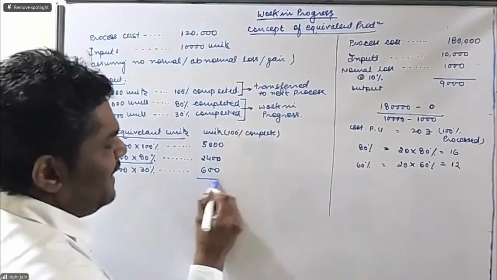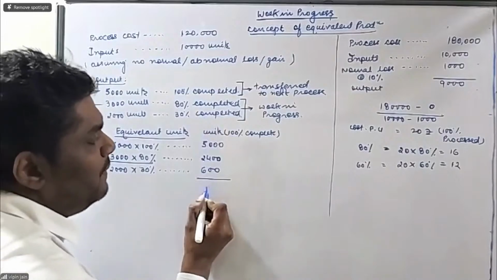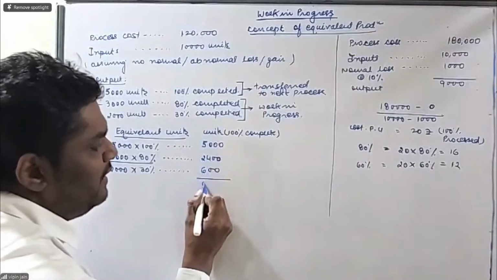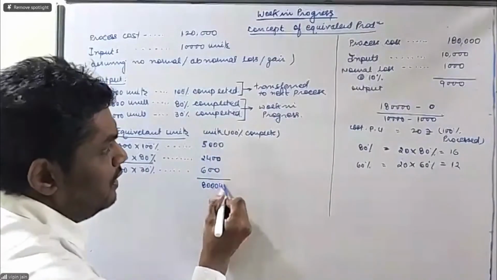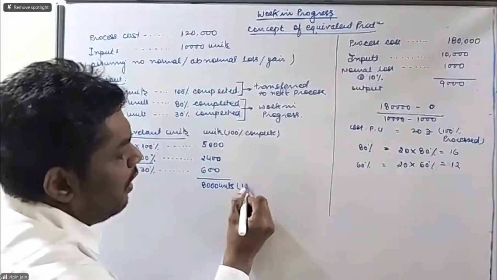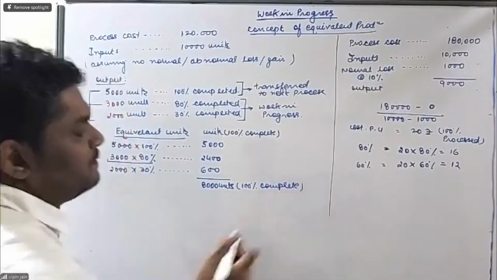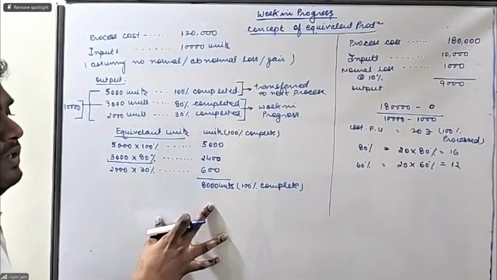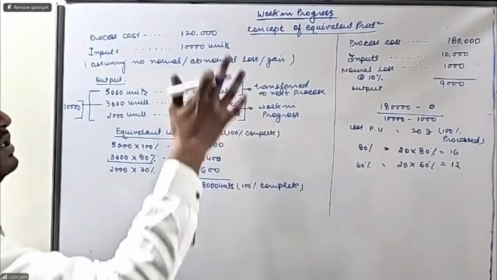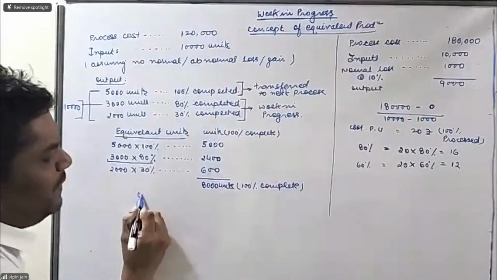So herein we have calculated the 100% equivalent number of units, that is 5,000 plus 2,400 plus 600, 8,000 units. These 8,000 units are 100% complete. So now that we have the 100% completed units, we can easily calculate the cost per unit.